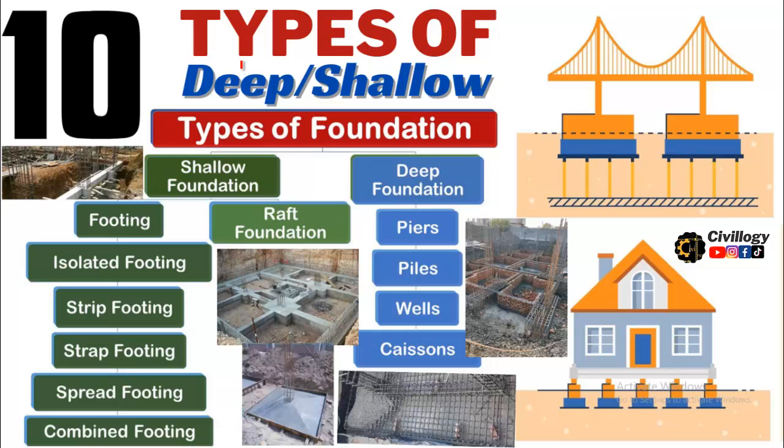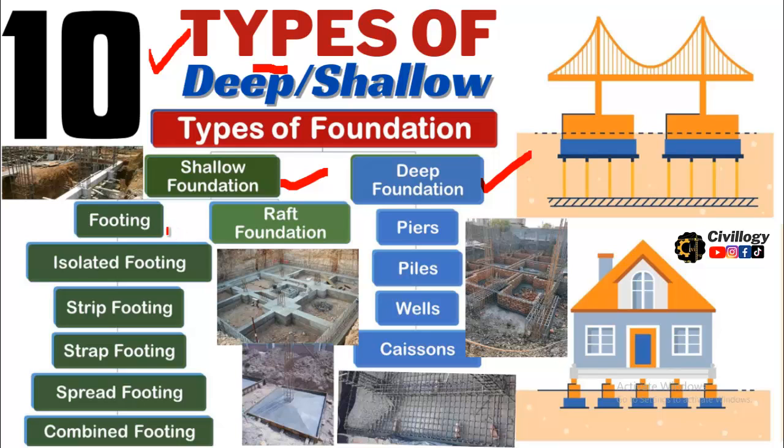Today in this video we are going to discuss 10 types of foundation. As we all know, foundation is a very critical, important and crucial element of any structure, and there are different factors which decide the type of foundation. So in this video we are going to discuss the types of foundations, which are mainly deep and shallow foundations, and these are further subdivided into footings and raft foundation.